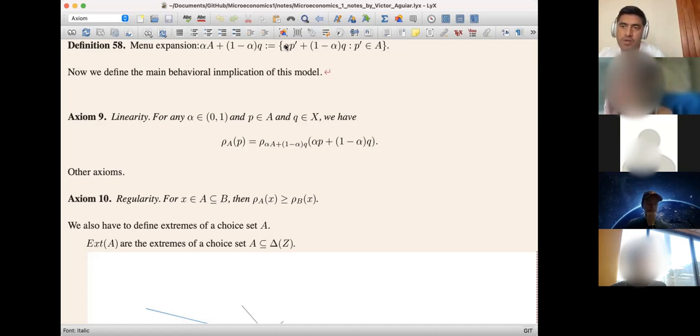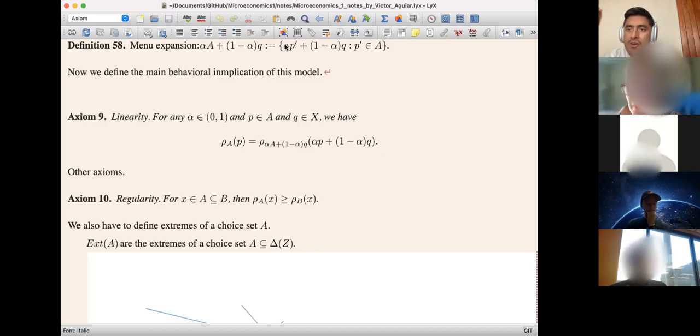Let's take this to the extreme. Imagine the menu now becomes the singleton with only X there. What would be the probability of choosing X in the singleton menu with X? Maybe 1, right? This is the extreme where there is only one alternative, hence you choose that alternative.